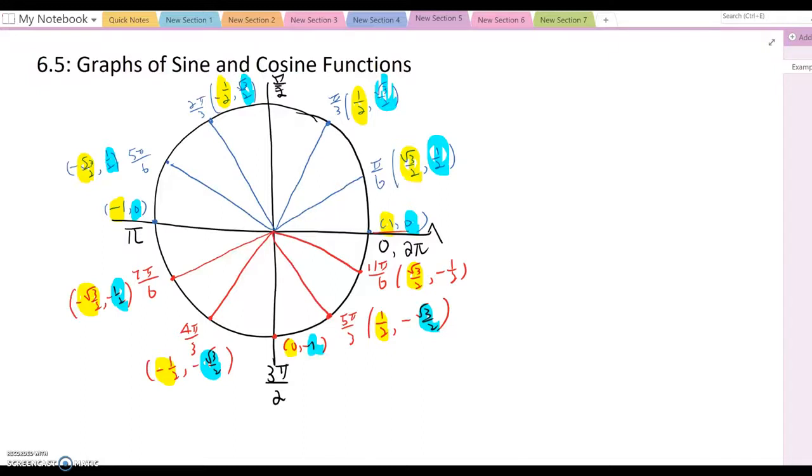Then now I'm going to construct sine first. As I told you, sine means y. Y means blue in this case.